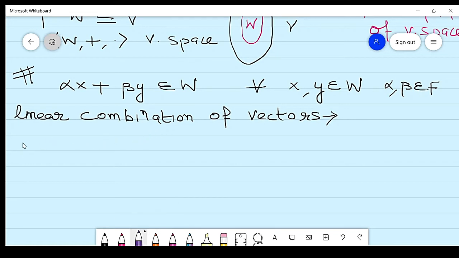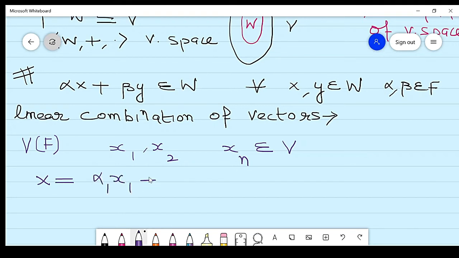Suppose V is a vector space over field F, and x1, x2, up to xn are vectors of V. Then any vector x of the form alpha 1 x1 plus alpha 2 x2 plus up to alpha n xn is called a linear combination of these vectors.